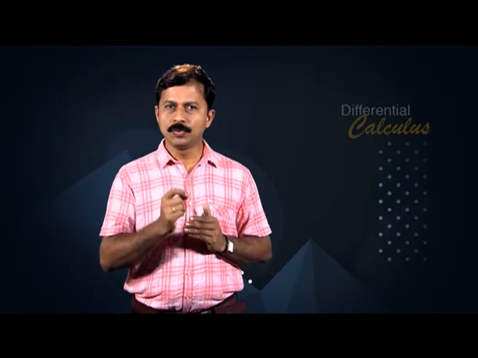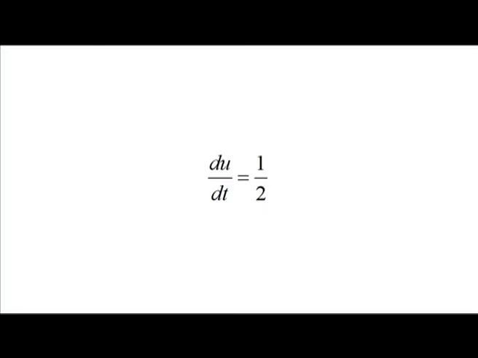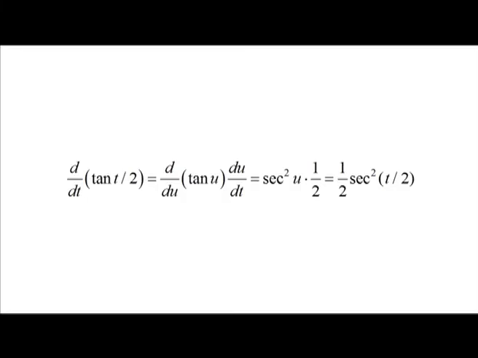Now, letting u equal to t by 2, we have du by dt is equal to 1 upon 2, and applying the chain rule, we get d by dt of tan (t by 2) is equal to d by du of tan u times du by dt, which is equal to sec square u times 1 upon 2, which is equal to 1 upon 2 times sec square (t by 2).